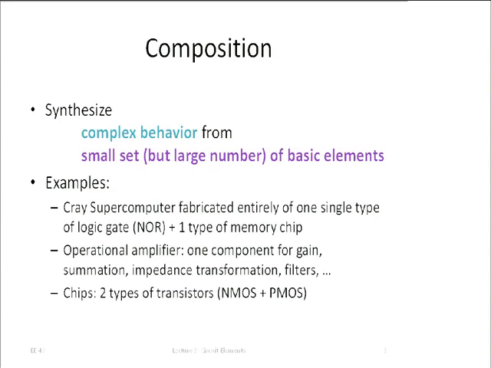But fortunately, all these circuits, although complicated, really are made up out of a small number of relatively simple parts. Some of them, transistors, can be pretty complicated, but in many cases even transistors behave quite rationally and actually are quite simple. So I gave you a couple of examples, right? One of them, an entire big supercomputer made out of just two different types of components plus wires, right?